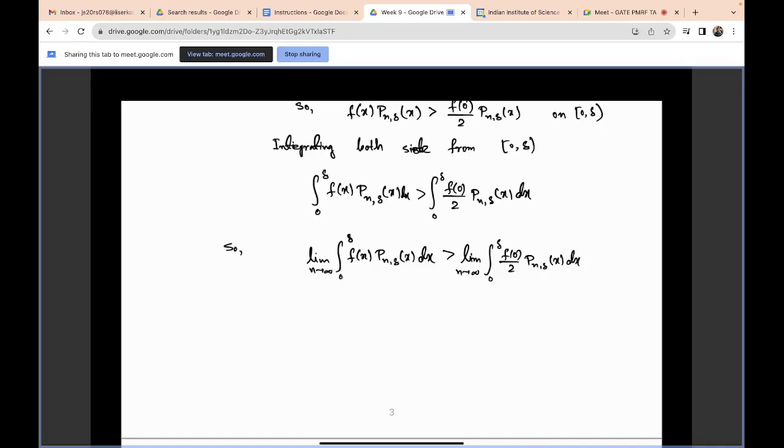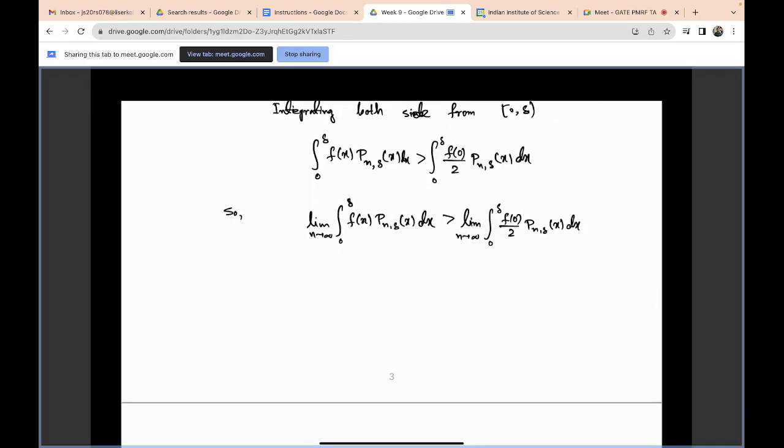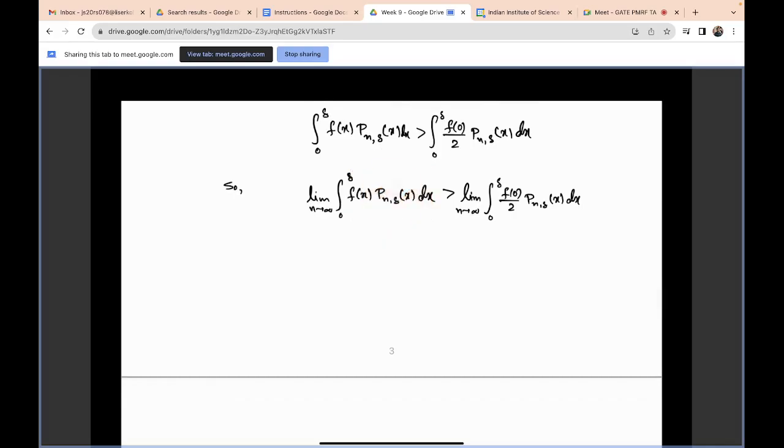And here you need Fatou's lemma, so that this limit you can take it inside. So let me write, this is simply because f(0) by 2 is a constant: the limit as n tends to infinity of the integral from 0 to delta of P_n,delta(x) dx.